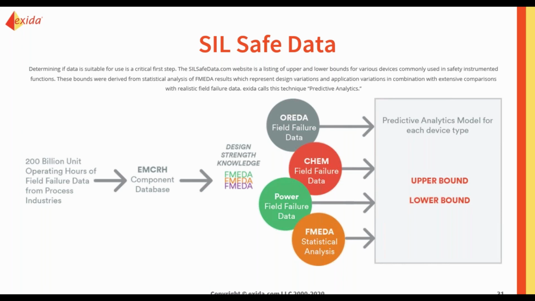All of those have been mushed together in this database to create those upper and lower bounds. And yes, some of those bounds may be large depending on the range of complexity available for those devices or pieces of equipment, but it could give you a starting point to help you get there.